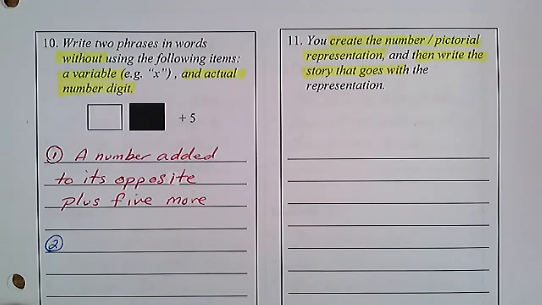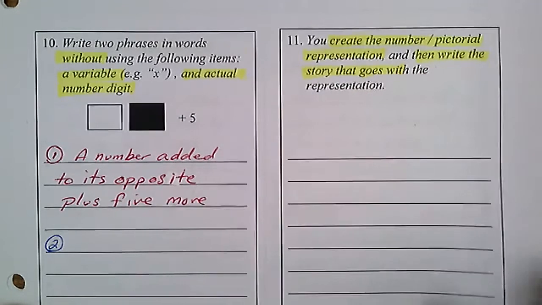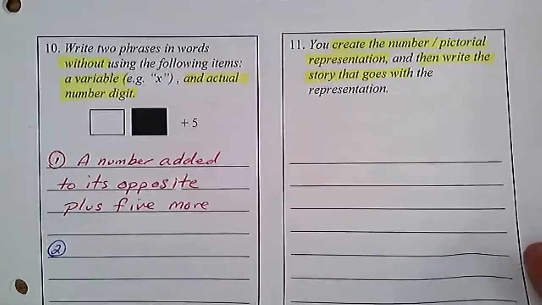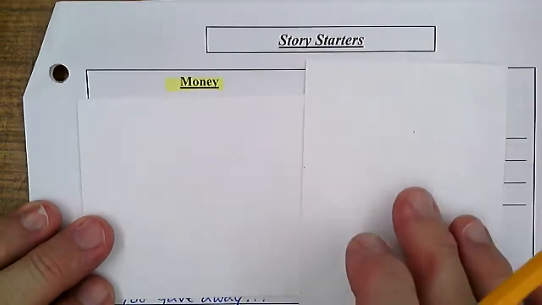Okay? Now, the last page, I'm just going to have you copy these down. We're going to be working on writing your own word problems. And so on this last page, these are called story starters. So I'm going to give you some different ideas. So when I have you write these stories, there's kind of 4 themes that are easy to work with.